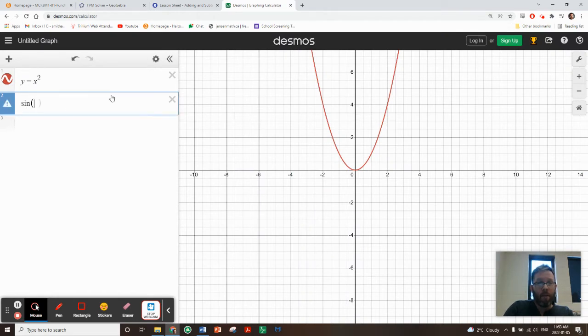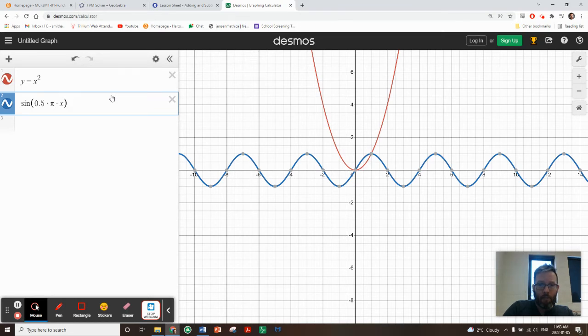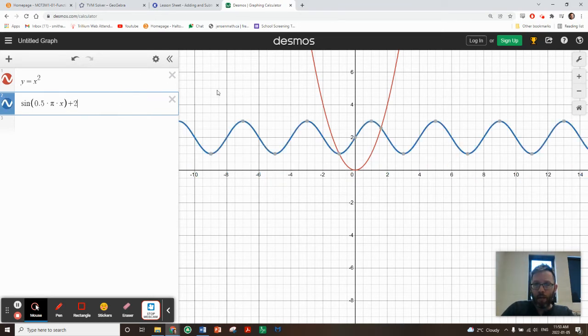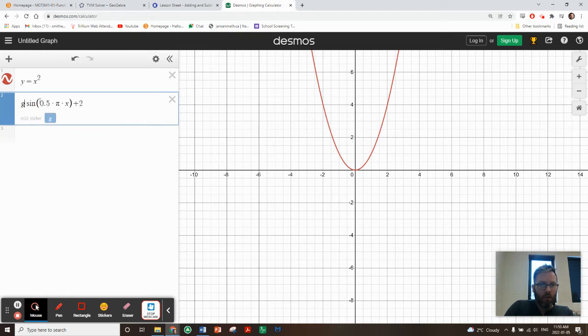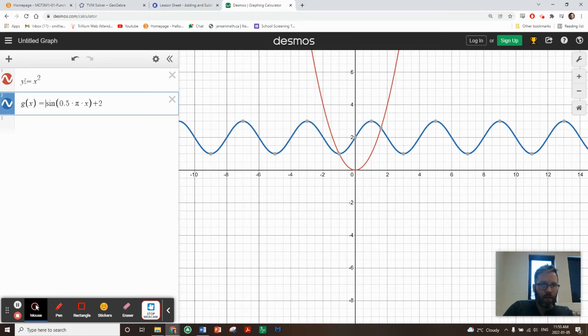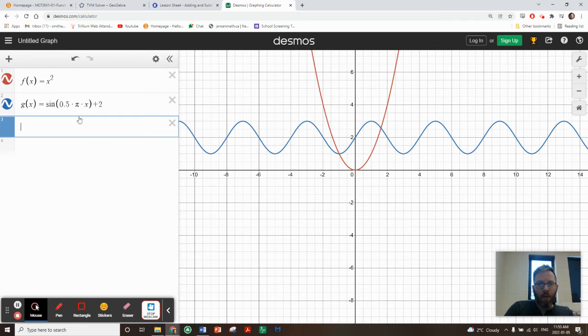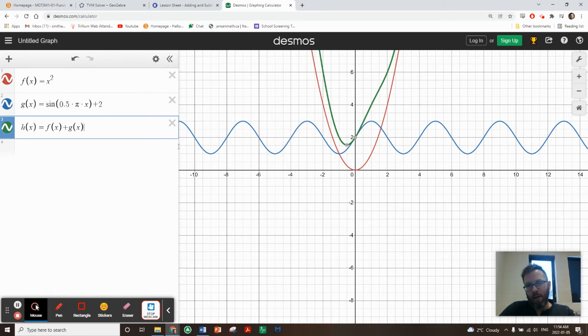So sine, if the period is 4, the k value is 2 pi divided by 4, 0.5 times pi times x, and then plus a 2. Let's actually give this a try here. I'll call that g of x, call that f of x, and I think that matches up with our graph. Yep. Let's graph what h of x equals f of x plus g of x is equal to.